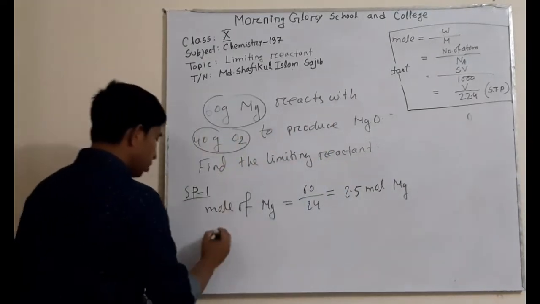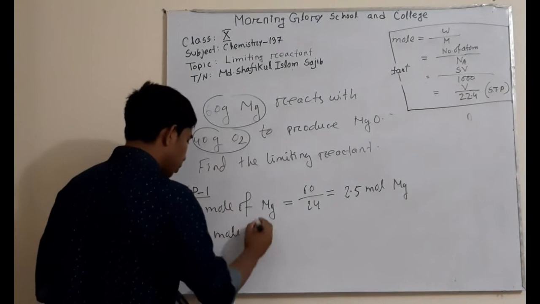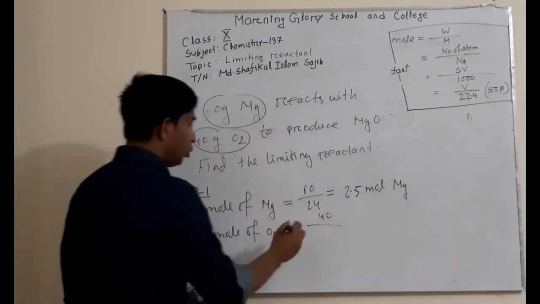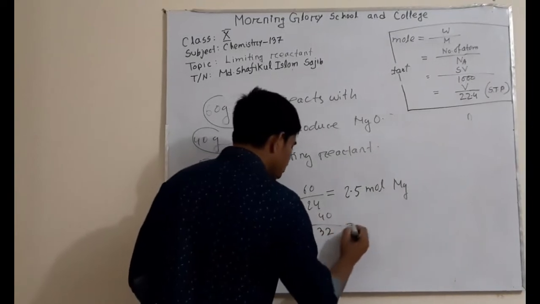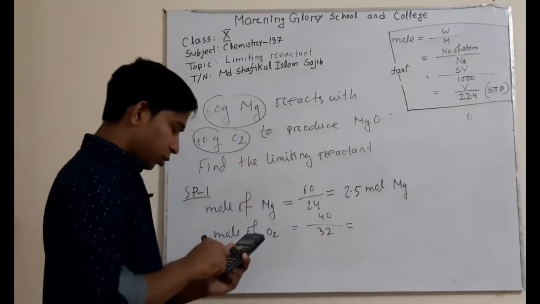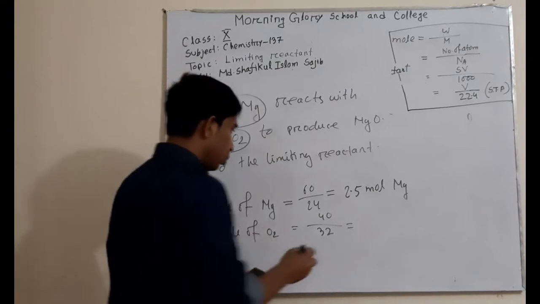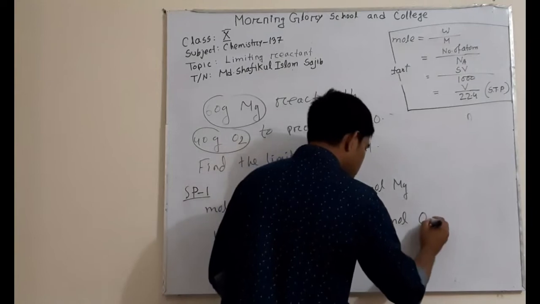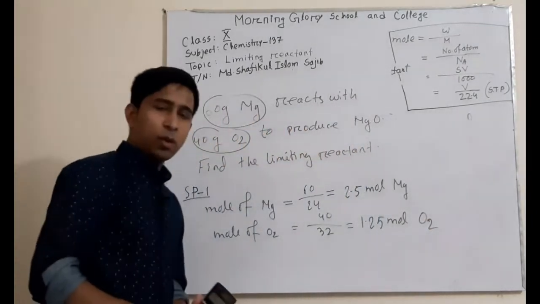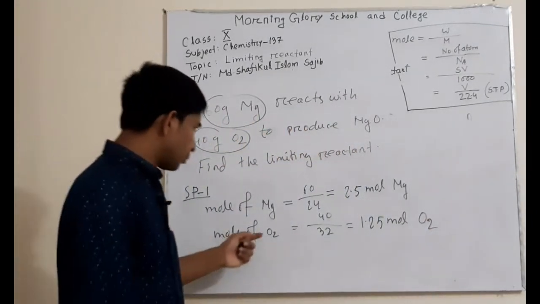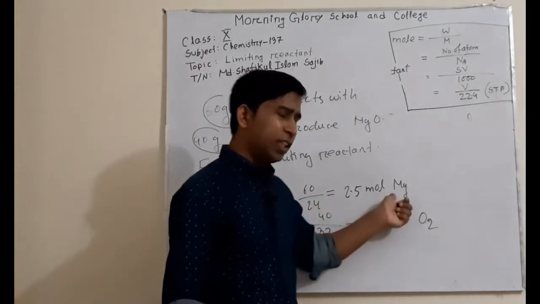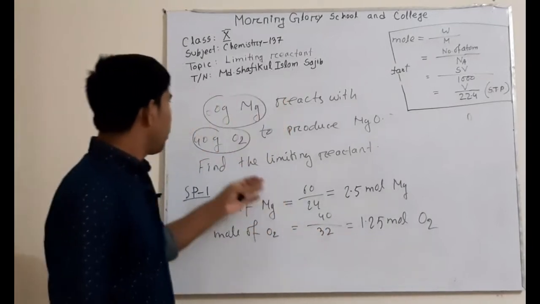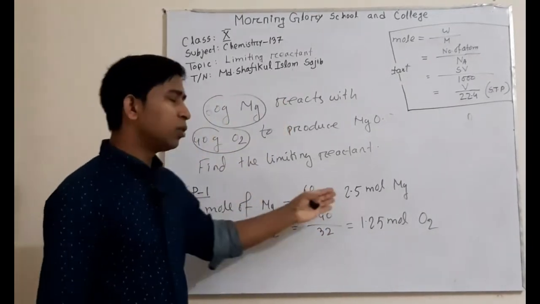Now our oxygen, mole of oxygen: 40 gram and molecular mass of oxygen is 32. You know this. So 40 divided by 32, we will get 1.25 mole oxygen. So now our first step is done. 2.5 mole magnesium provided, 1.25 mole oxygen provided. So I have converted the provided quantities into mole.